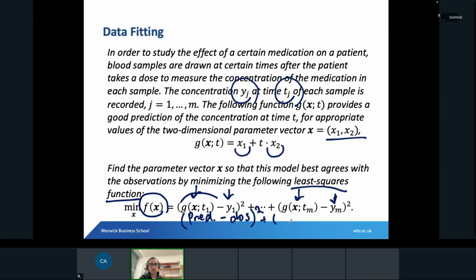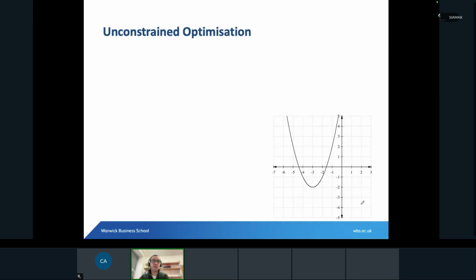We have the third one. It goes until we have the mth prediction at time tm and observation at time tm. If we know this, we have the function in a way that the minimum error happens and we can predict what will happen in the future. As you can see here, it simply can be seen that this is a nonlinear model that we have.